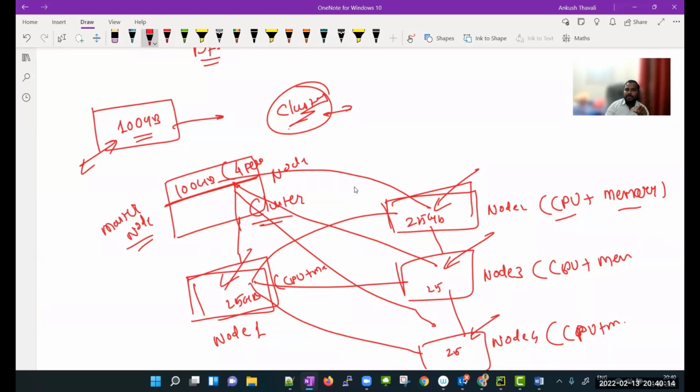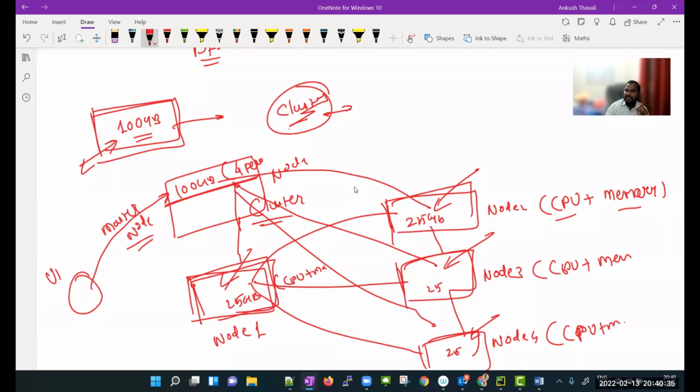Now let's assume you are connected as user 1 and you want to read this 100 GB file. Who will give you the address? This master node will say, boss, your data is available here, here, here, and here.